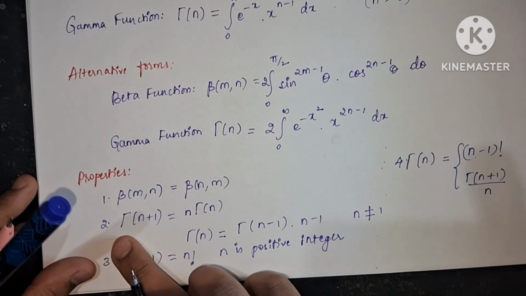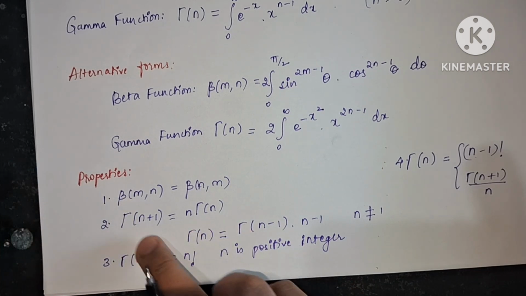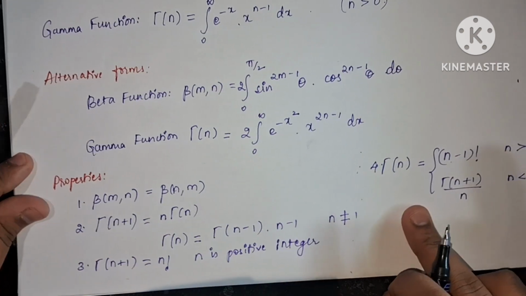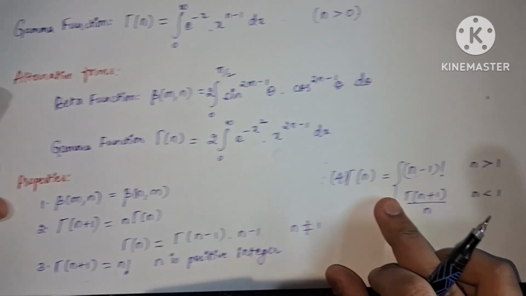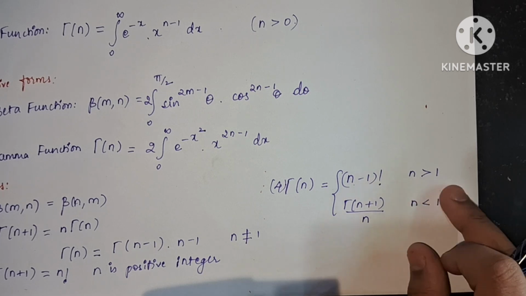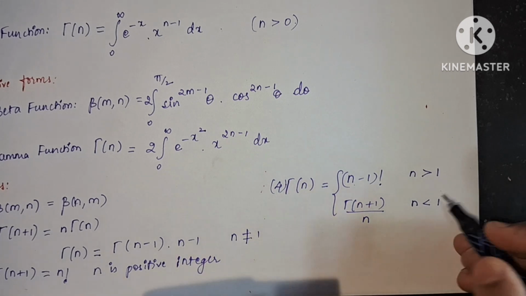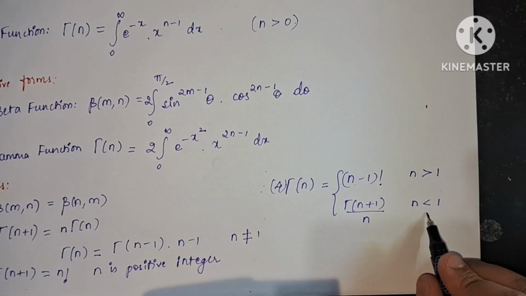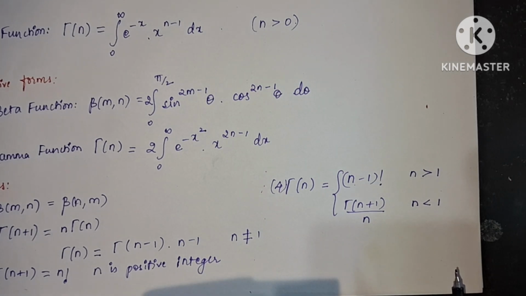Here, gamma of n plus 1 is given by n times gamma of n, right? So I can move this n to that side, so it becomes gamma of n divided by n. So this fourth property says gamma of n is given by n minus 1 the whole factorial when n is positive. If n is negative, in that case we will be considering this formula.